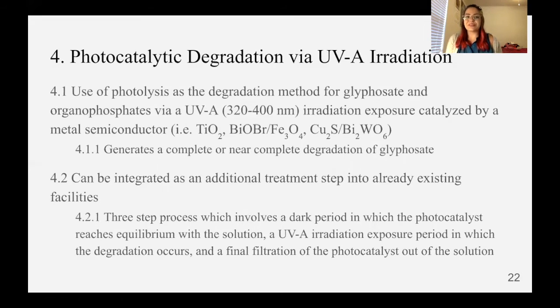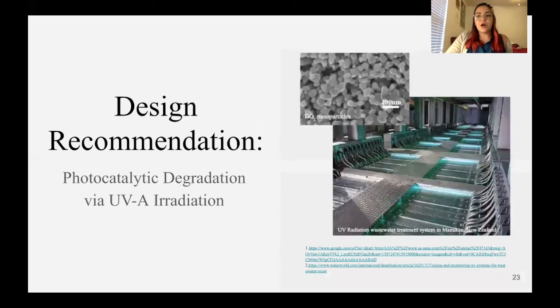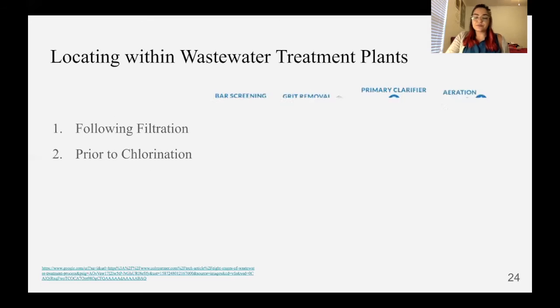This generates a complete or near complete degradation of glyphosate, and this process can be integrated into already existing wastewater facilities. It's a 3-step process which involves an initial dark period in which the photocatalyst is introduced, then the UV lamps are turned on, in which the degradation actually occurs, and then a final filtration of the photocatalyst out of the wastewater stream. Our personal design recommendation was using this photocatalytic degradation via UVA irradiation.